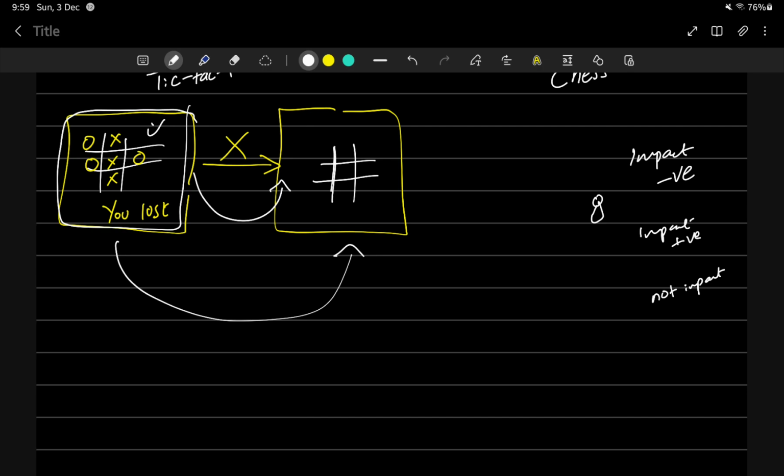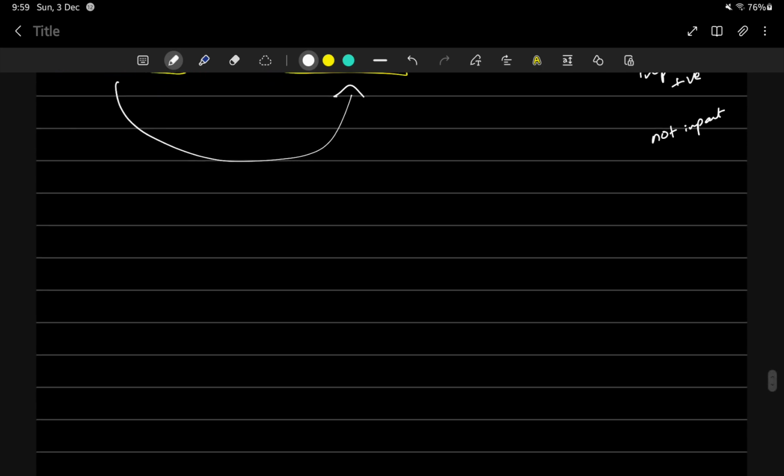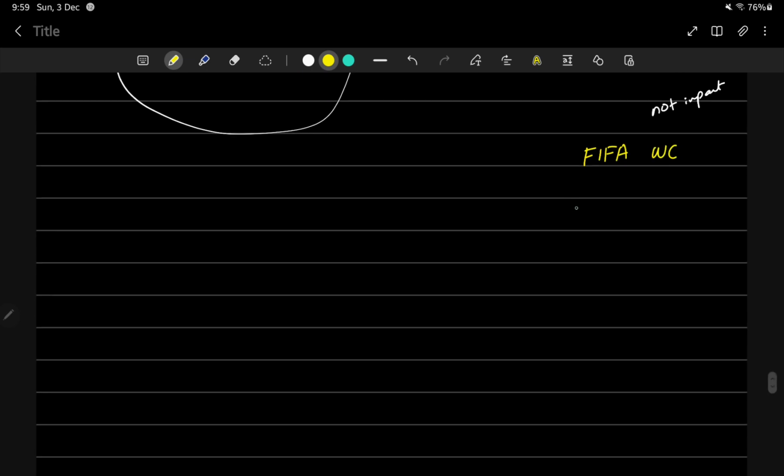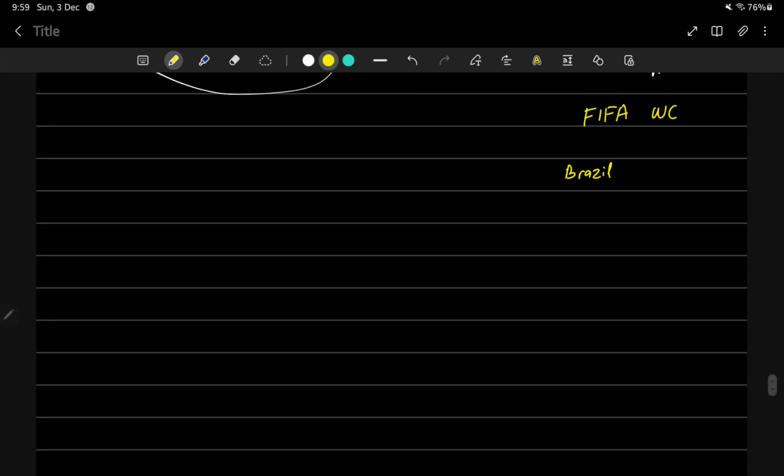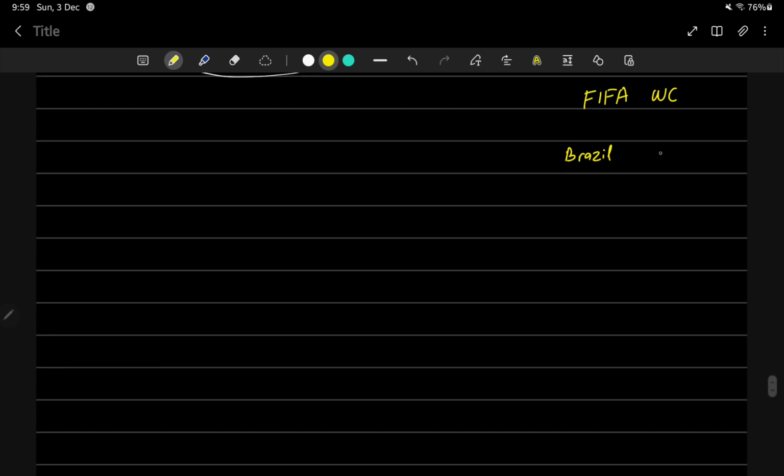By the way, another way we can think about this is if you take an example of the FIFA World Cup, right? Let's say a team, Brazil, had 5 games, and it had to win 4 games to not get knocked out.